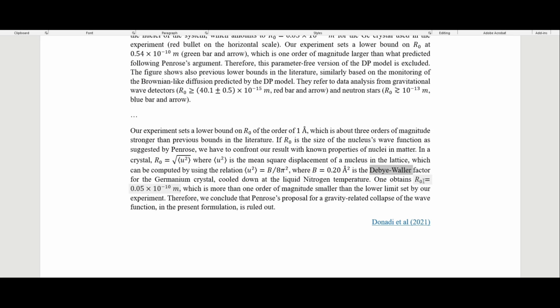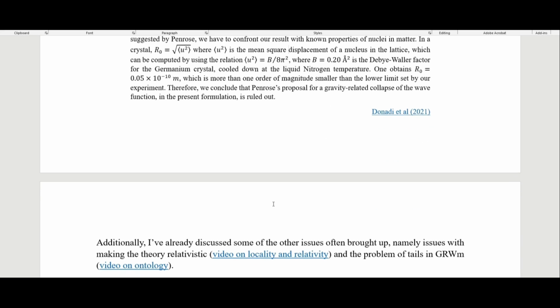One obtains R sub naught equals 0.05 times 10 to the negative 10 meters, which is more than 1 order of magnitude smaller than the lower limit set by our experiment. Therefore, we conclude that Penrose's proposal for a gravity-related collapse of the wave function in the present formulation is ruled out. And so, being falsified by experiment certainly counts as a weakness to the theory.